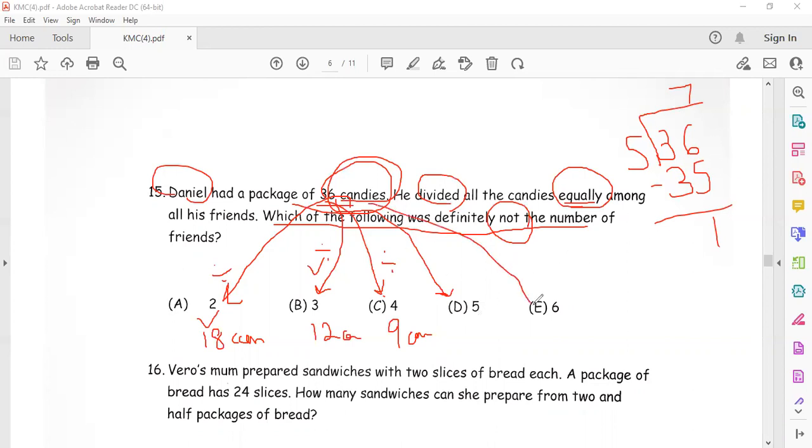How about 6? 36 candies divided by 6 people. Sure, everyone gets 6 candies. So this can be done, this can be done, this can be done. So who is the odd one out? This one. So he's definitely not the number of friends. Do you understand? I hope you understand.